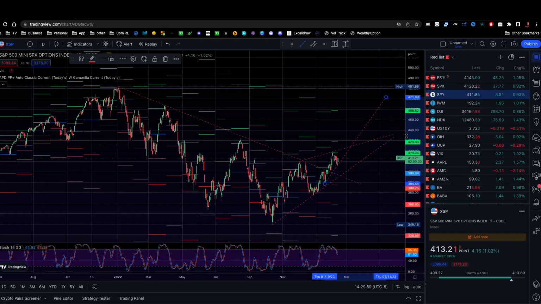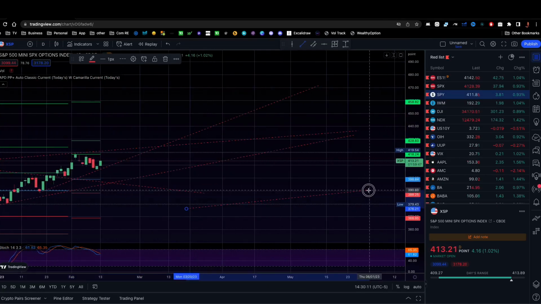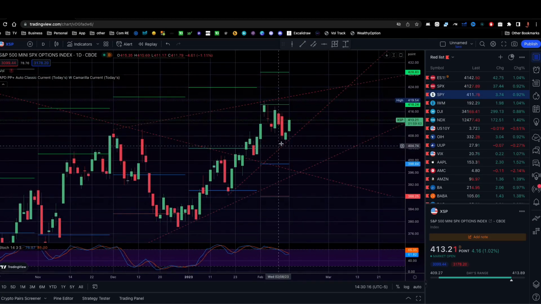So we fell out of our initial channel that we were in, just barely, but this could actually widen out the channel from here. So if we say that we're establishing a new channel because the market did bounce off of this price level right here, then we could potentially be establishing just a wider channel to stay in.